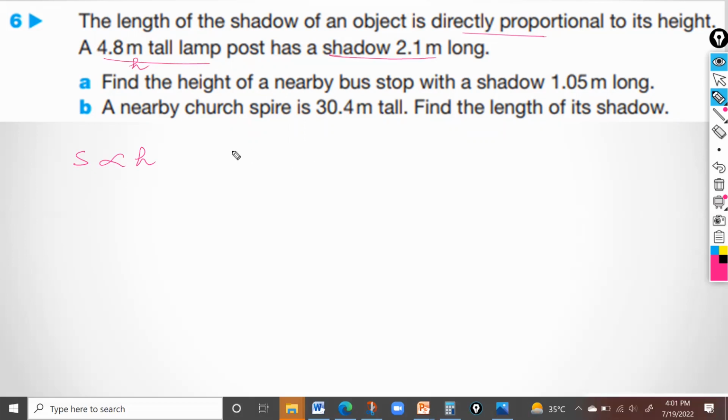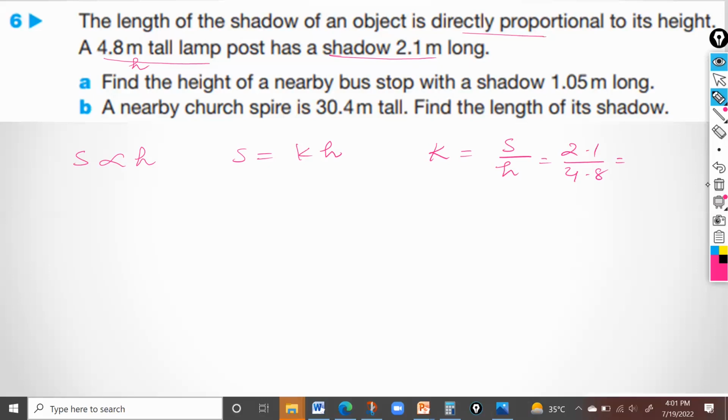Simple. We can find its constant or relation. So here S is equal to K times height. If I want to get the K value, I divide the shadow by height: 2.1 upon 4.8.